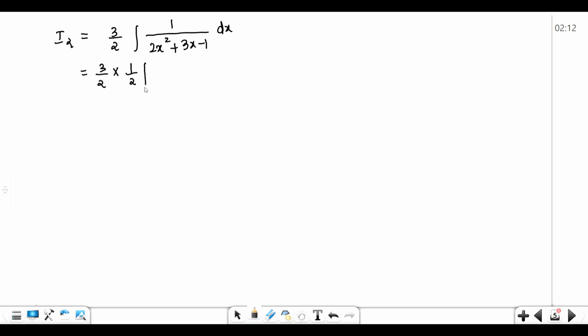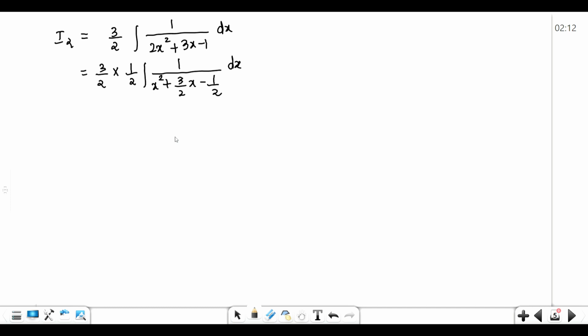So that will give you x square plus 3 by 2 x minus 1 by 2 dx. Why have we taken it? Because we have to complete the square in the denominator. So in order to complete the square, you have to make the coefficient of x square as 1, and to make the coefficient of x square as 1, whatever number that you have, you can take that common.